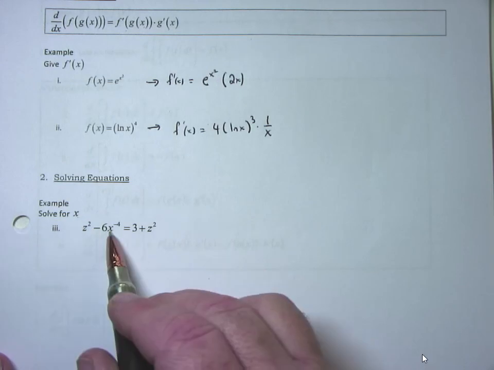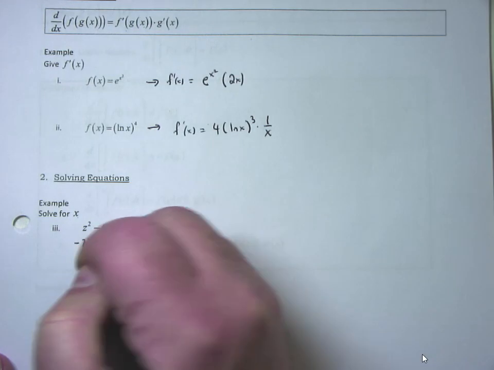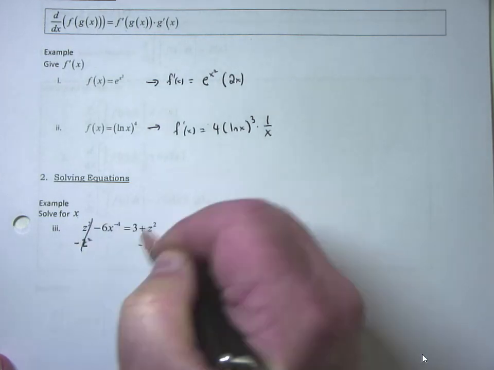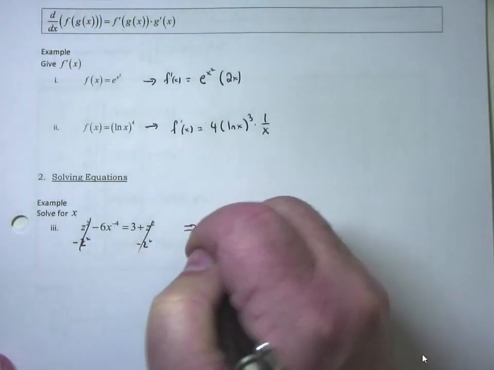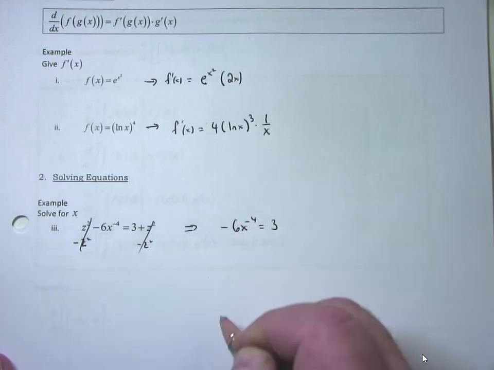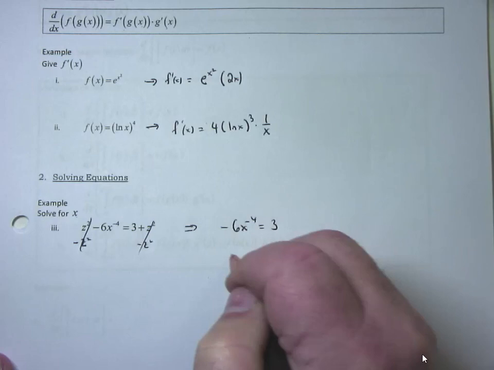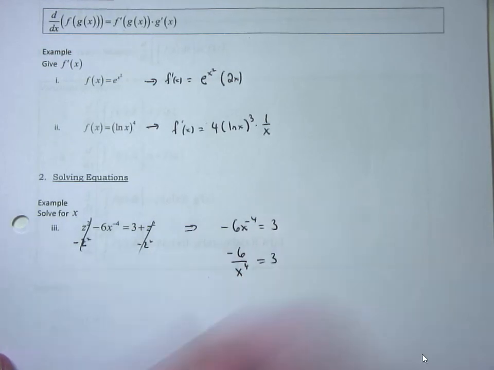There's only one term with x in it, and granted it's x to the negative fourth, but what I'm going to do here is subtract the z squared from both sides. And notice what happens. They completely cancel on both sides, leaving you with negative 6x to the negative fourth equals 3. I'm going to clean this guy up. This is negative 6 over x to the fourth, negative exponent goes on the bottom, equals 3.